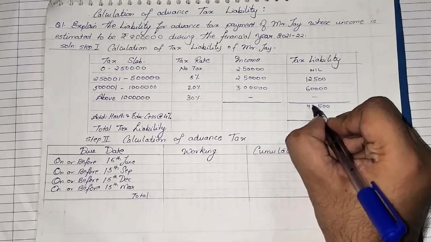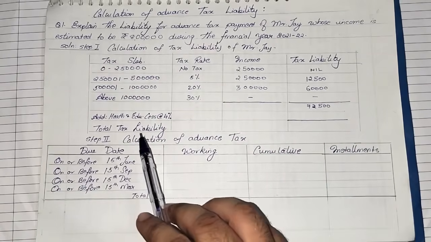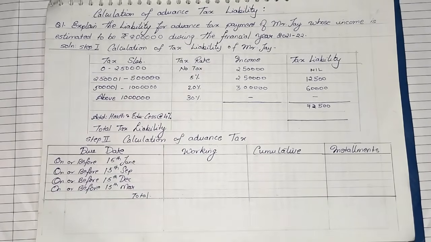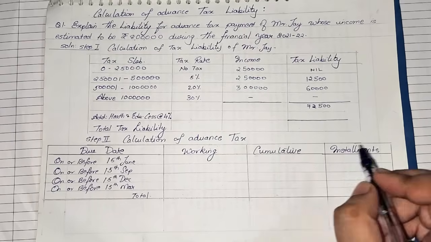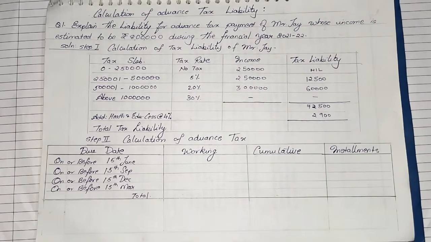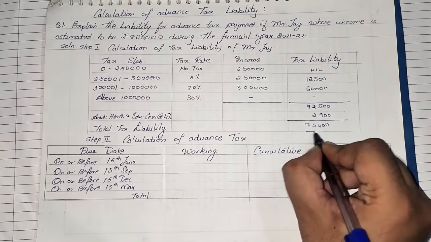Now the rule is, on whatever tax you have calculated, we need to add 4% health and education cess. So 72,500 into 4% comes to 2,900 rupees. That amount should be added to our 72,500, so the total amount that we get now is 75,400. That's our total tax liability.